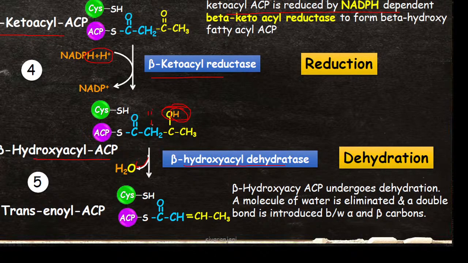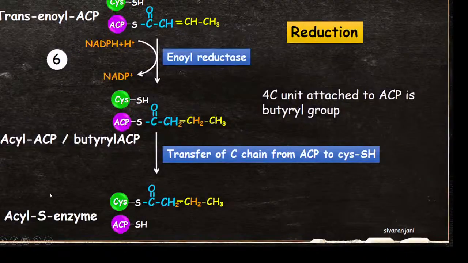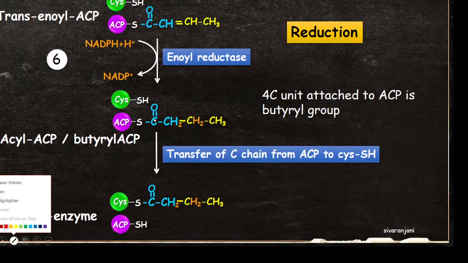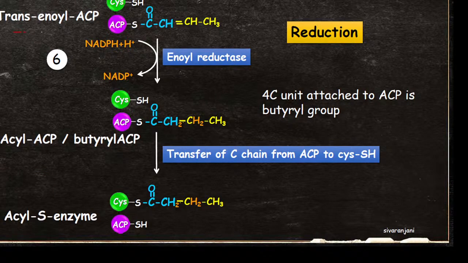A double bond is created over here, and it will form an alkene, trans-enoyl ACP. The trans-enoyl ACP so formed will undergo reduction by the action of enoyl reductase enzyme.